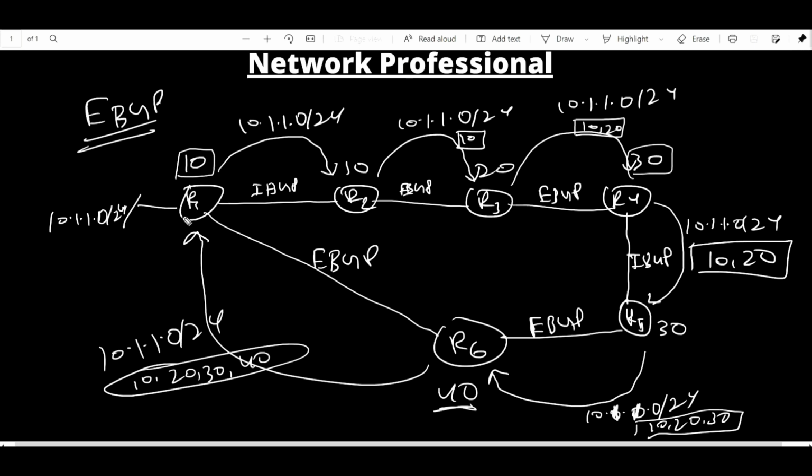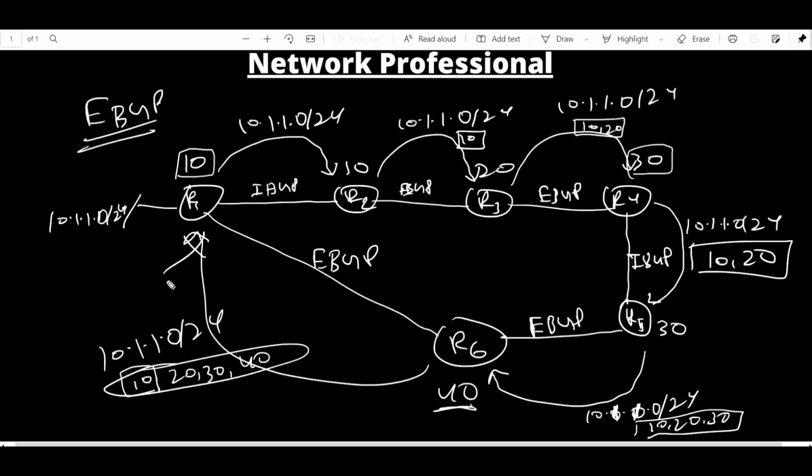Now when this router receives this update, this prefix, the router will see there is one AS number which is 10. So whenever a router receives a prefix from external BGP and finds its own AS number in that update, then the router will never accept that update.